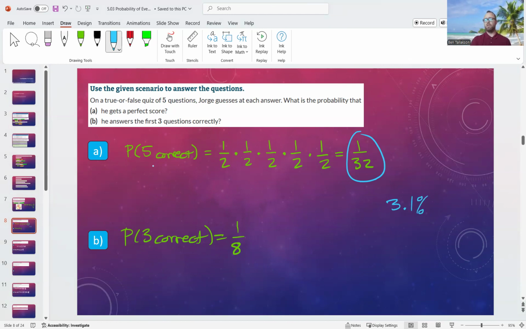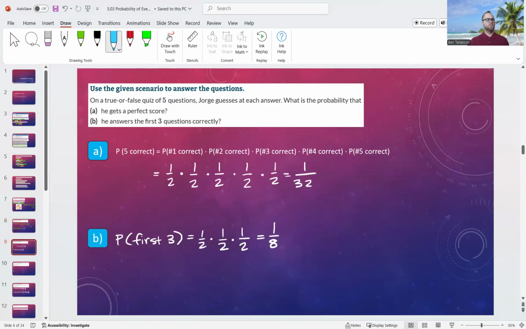Probably getting 3 correct, well, that's 1/8. That is much better. Still not great, but 12.5%. There's the notations all written out for you. That's exactly what I just mentioned, just a little more visual.